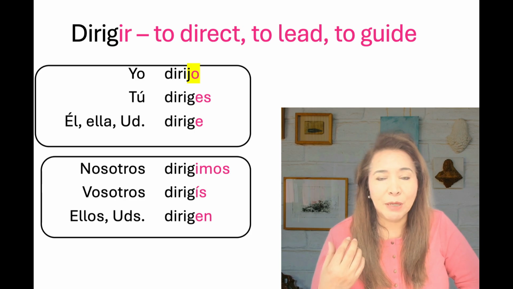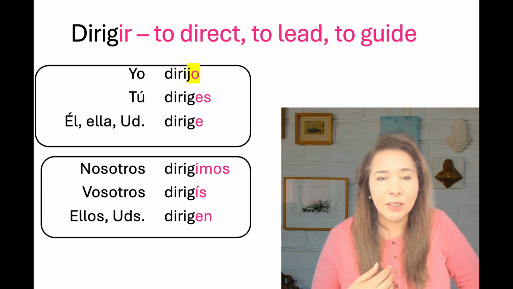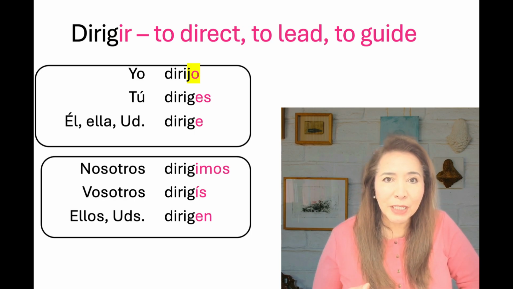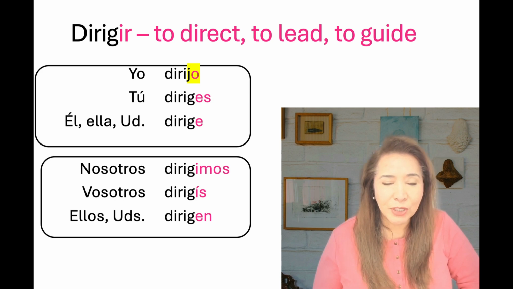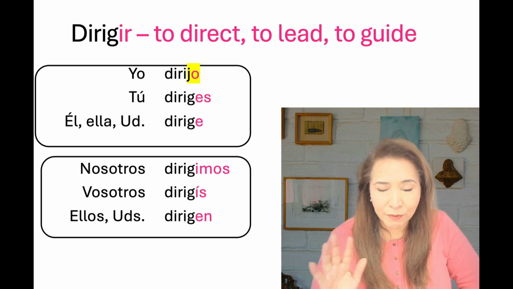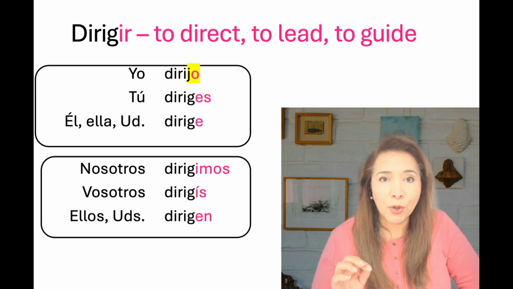As in, for example, if you direct a choir, or if you are the leader of a company, and so on. So for this one, the endings are o, es, e, imos, is, en, right? That's fine. The only spelling change that you need to be mindful of is in yo.